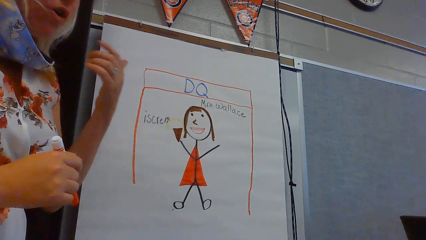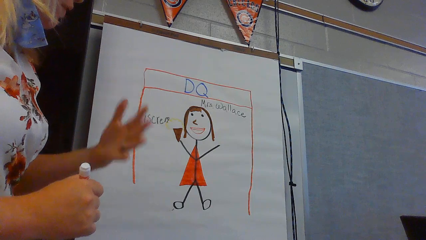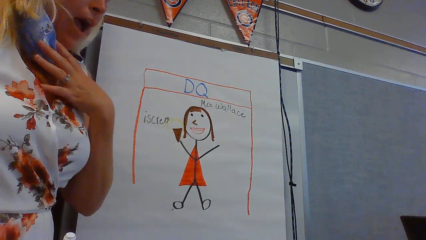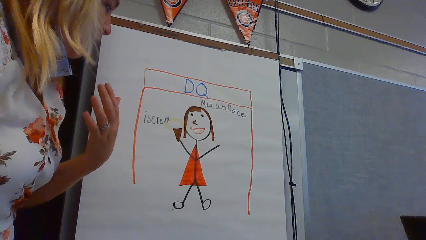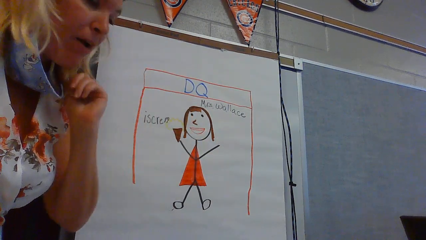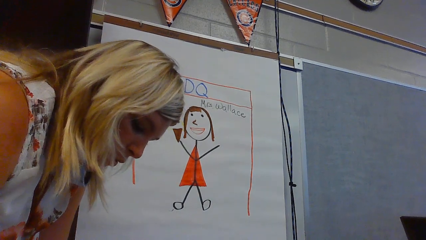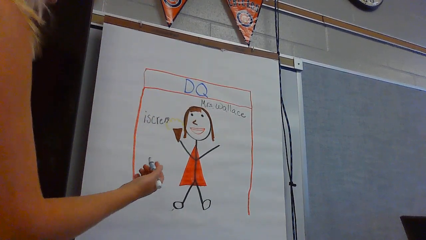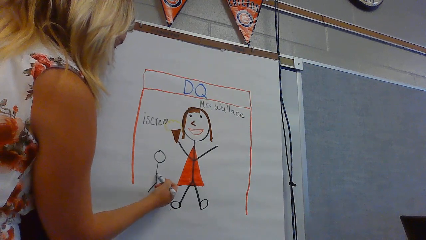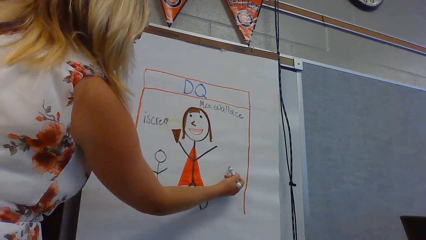Now, as the reader that's looking at my story, I might say, well, who are you with, Mrs. Wallace? Are you by yourself? Are you with your family? Are you with a friend? So then me, as the writer, as the illustrator, I would need to go back and add that detail because I didn't have that in my story, okay? So I'm going to add some details to see if we can answer that question.